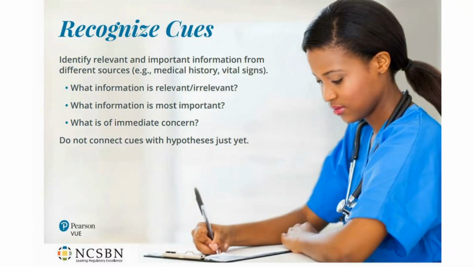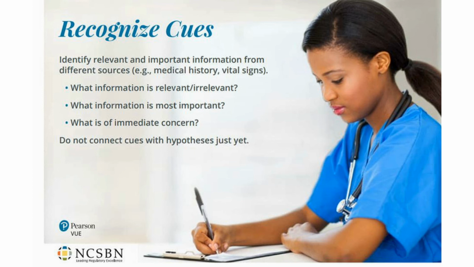Okay, the first step we have in the clinical judgment model is recognizing cues. We have to identify relevant, important information from different sources. On the NCLEX, they will have a case study scenario. Labs, vital signs, medical history, social history.